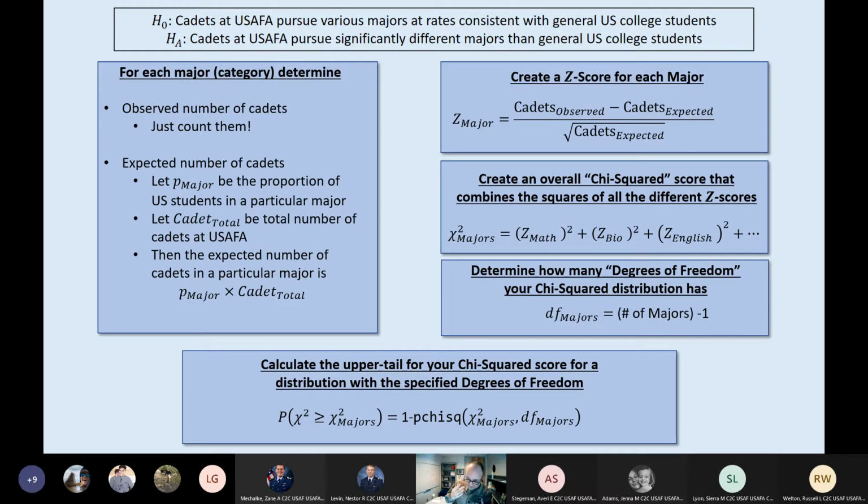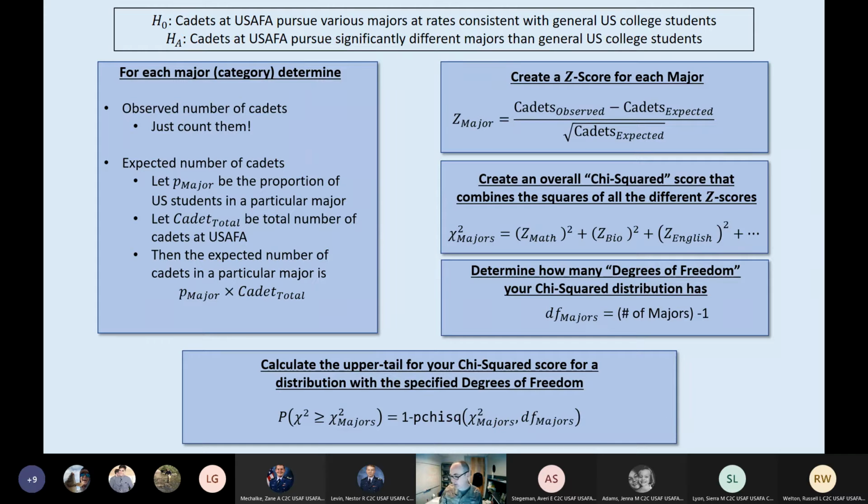The slightly longer reason is because unlike the ones we were doing before, right, we sometimes got a positive, sometimes we were looking at the lower tail, sometimes we were looking at the upper tail because we were wondering if it was an under or overestimate. When you look at the chi-squared, I'm pointing at my screen like you guys can see.